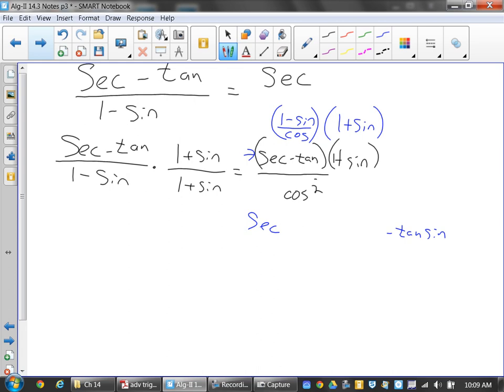Why do they? It equals what again? Tangent. Sine times secant is tangent, because secant's 1 over cosine. I see. Yes. Let me write this. So it's secant minus 2 tan sine.